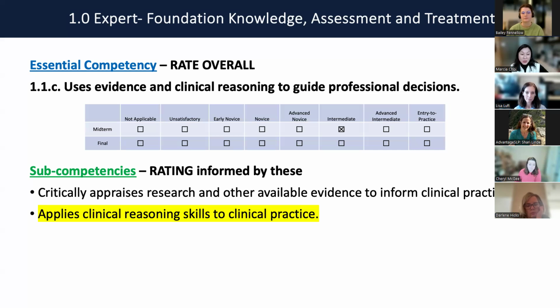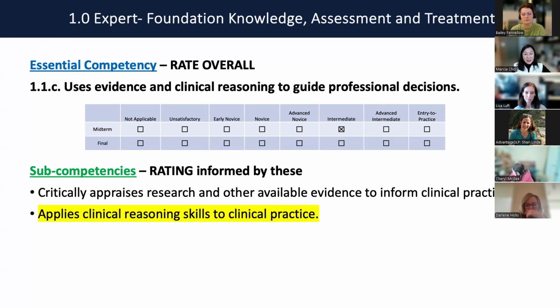This allows you to really drill down on why you gave that intermediate rating, or drill down so you can assign a rating. In this case, there are 2 sub-competencies, and you don't rate them, but the rating of the essential competency is heavily informed by these. You may not see some of these bullets in your practice.